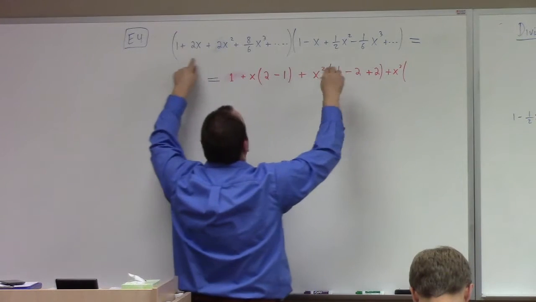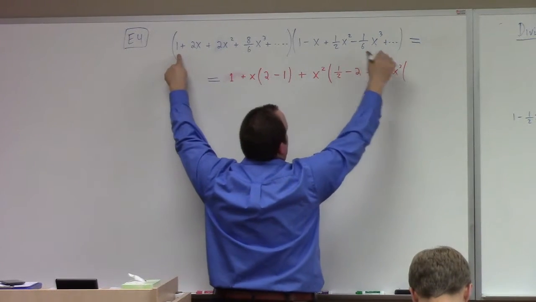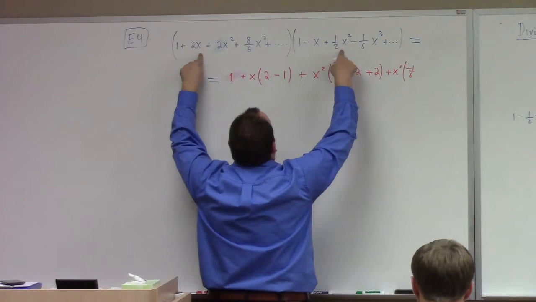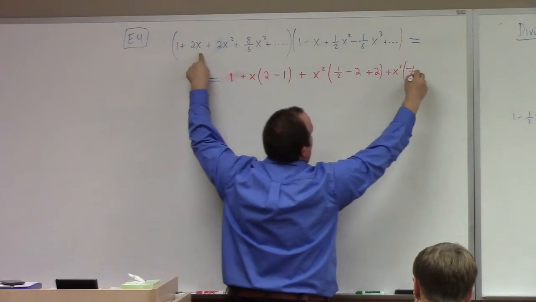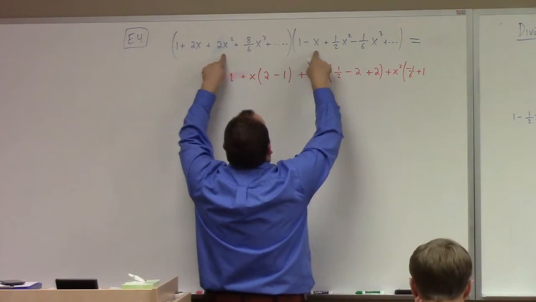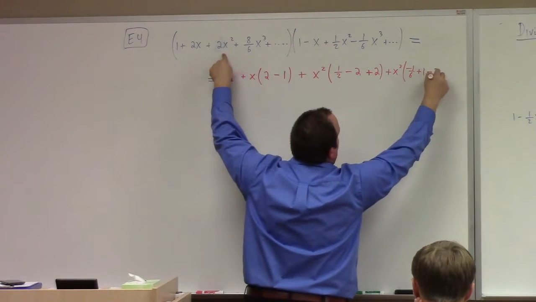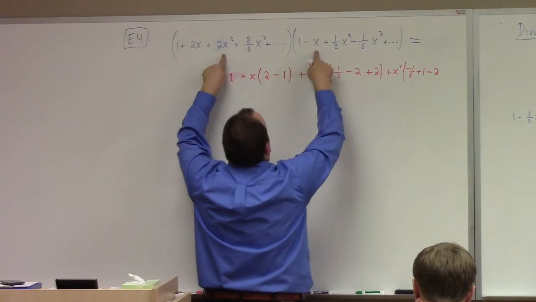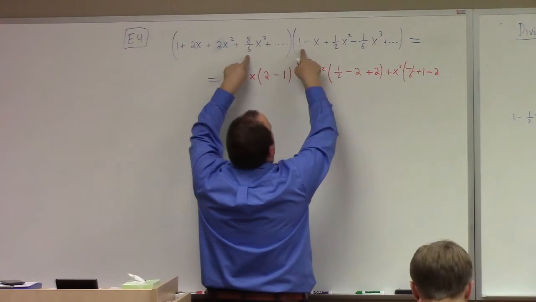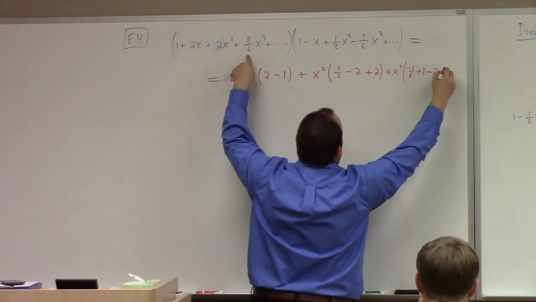All right, x cubed. So I get a 1 minus 1/6. 2 times 1/2 is 1, minus 2. Where did I lose my place? Okay, and then I guess that's 4/3, isn't it? Oh, 8/6 is probably better, isn't it? Let's see here.